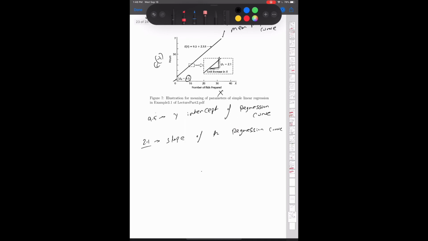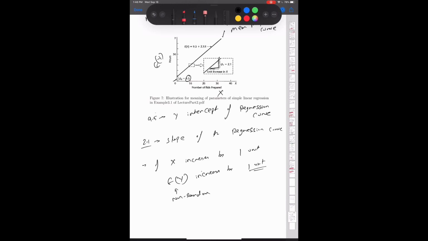And it implies that if x increases by 1 unit, expectation of y increases by the slope. Remember, y is random, expectation of y is non-random.